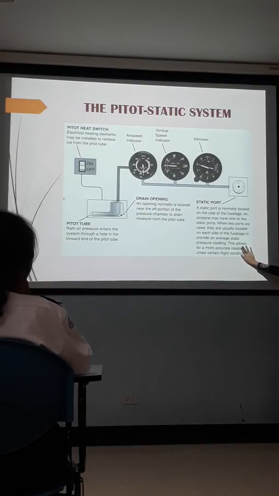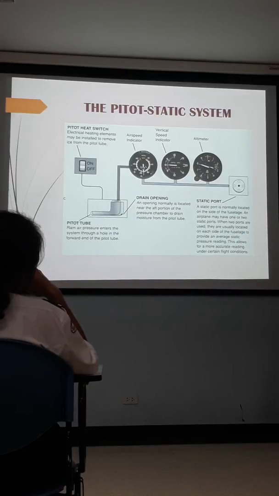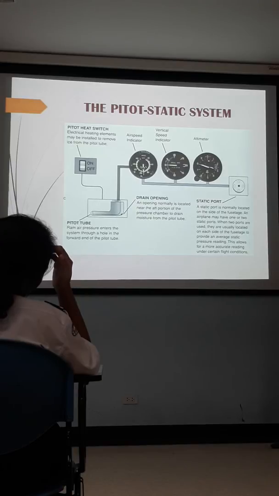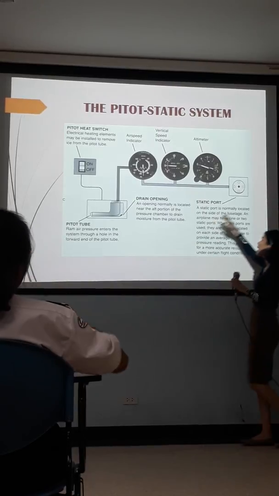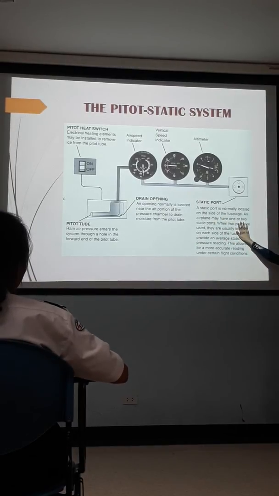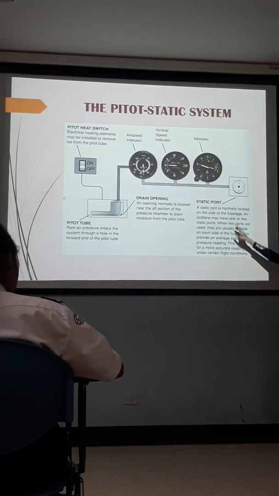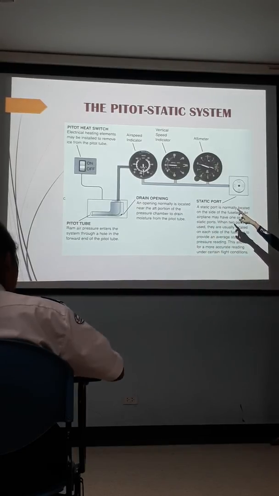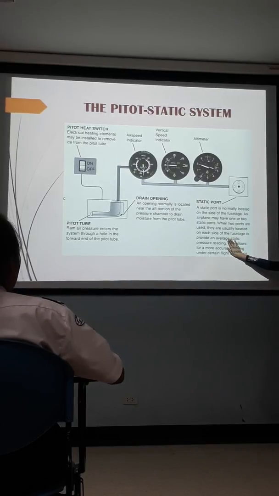This system runs 3 instruments, but the airspeed indicator is the only one that uses both the pitot system and the static system and compares the differentials between these two systems. The vertical speed indicator and altimeter use only the static system.